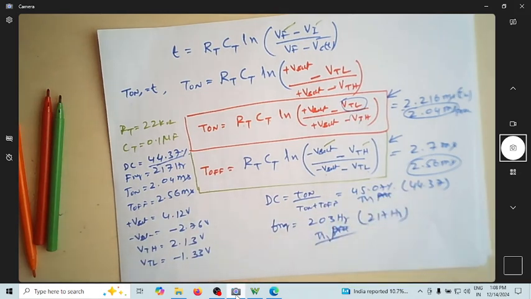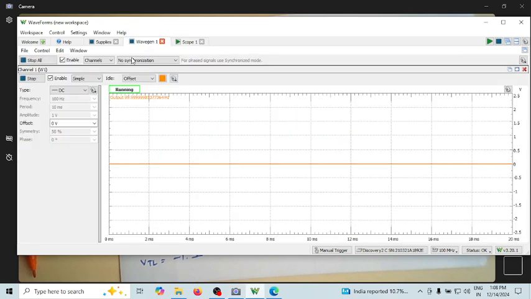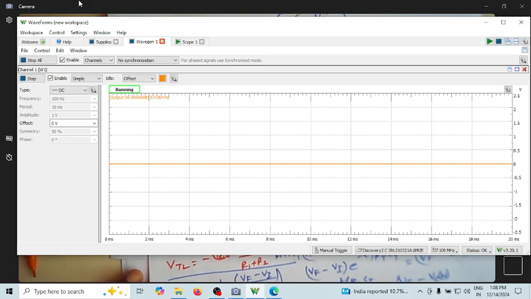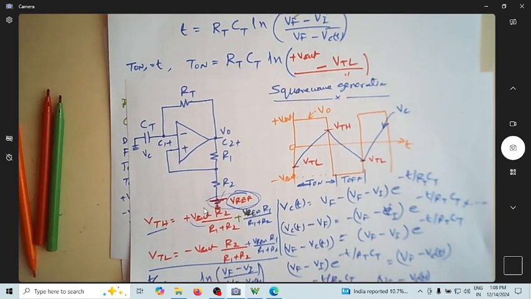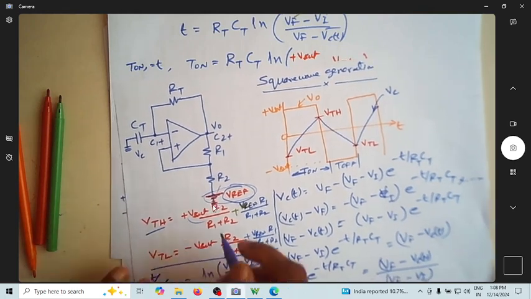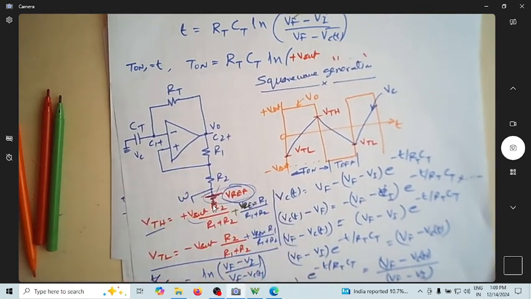So let me go to the wavegen and apply some voltage through W1. In this circuit I'm connecting a reference voltage: W1 is connected to R2.